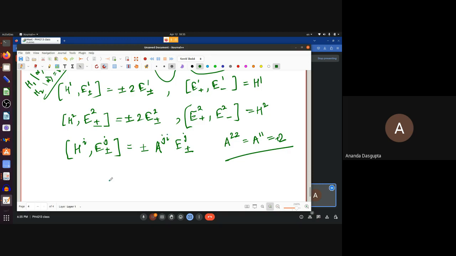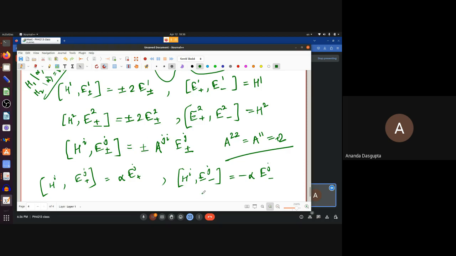Now, one question. I already said that I assume this, that if, say, HI acting on EJ plus is commutator, let's say it's alpha EJ plus. The number is, of course, plus AJI according to this. Let's call this alpha. Then HI corresponding to EJ minus, we have actually taken for granted here, has been minus alpha EJ minus, right?